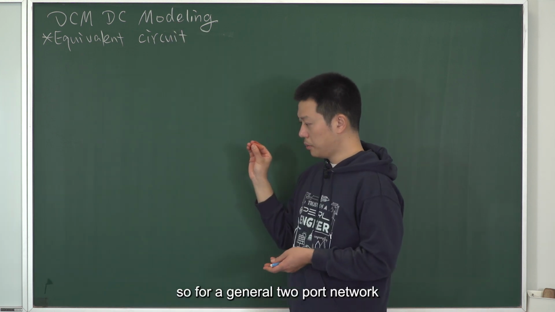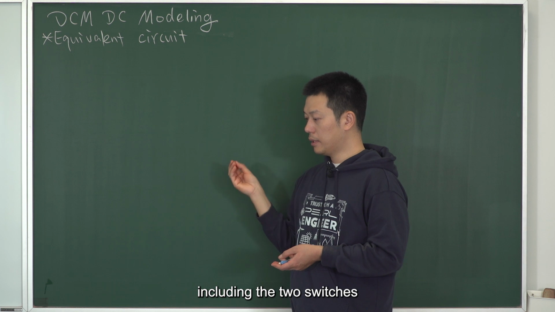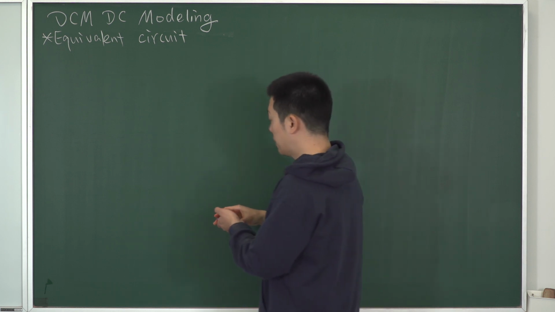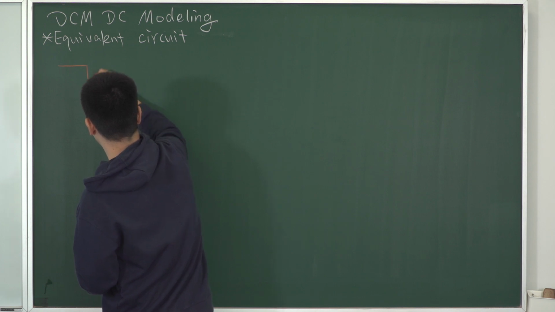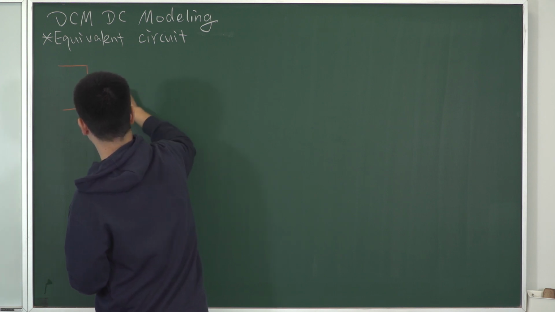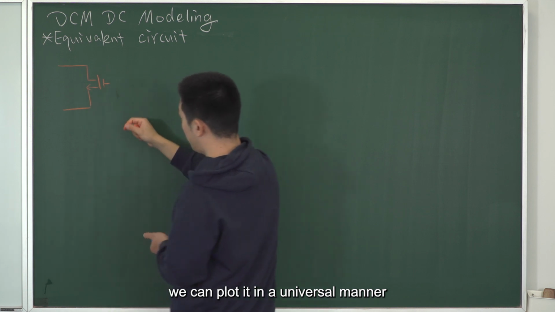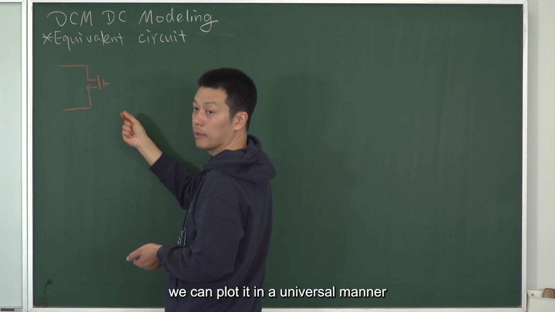So for a general two-port network, including the two switches, we can plot it in a universal manner.